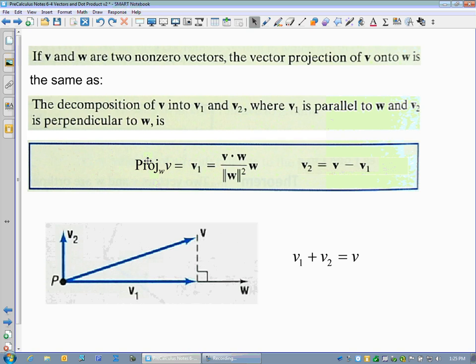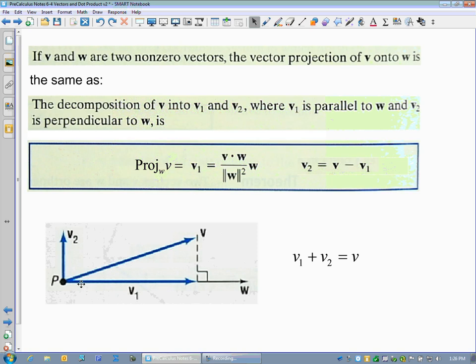So here it's the projection of v onto w. That's why w is down where the base would be, and v is the argument. Some people see this and read it backwards. They try to read it as the projection of w onto v from left to right, but that would not be correct. It's the projection of v onto w.